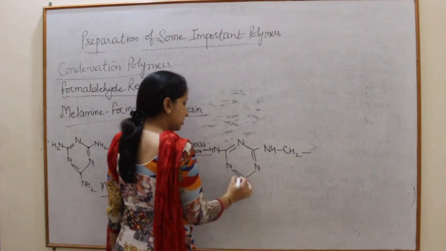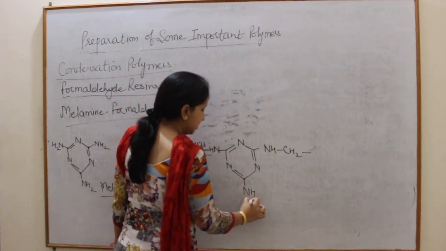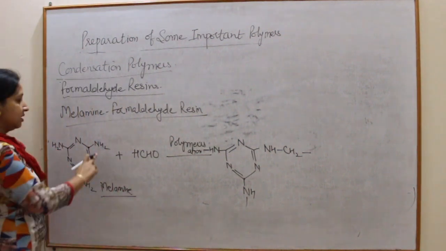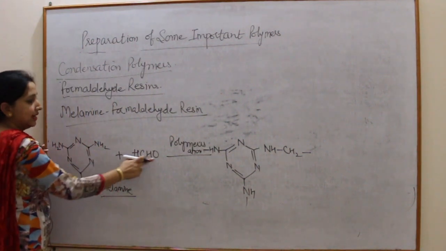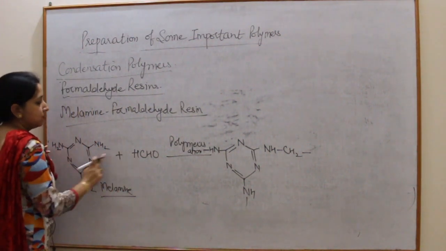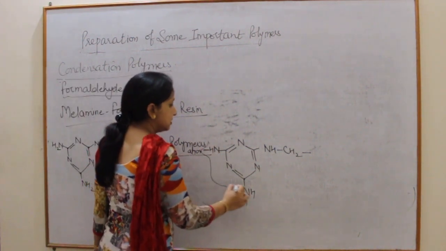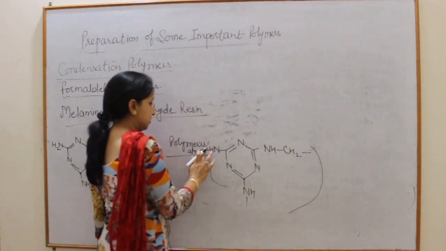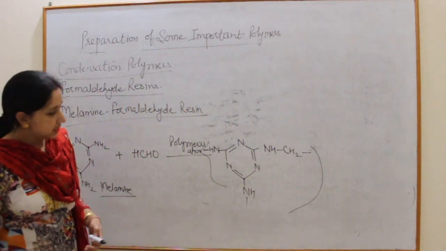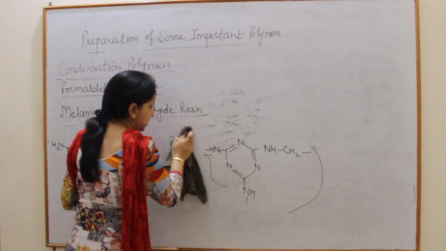NH, this can continue with the second, and like this, NH2 and CH2O will combine and we will get this type of polymer. Is it clear? Like this.